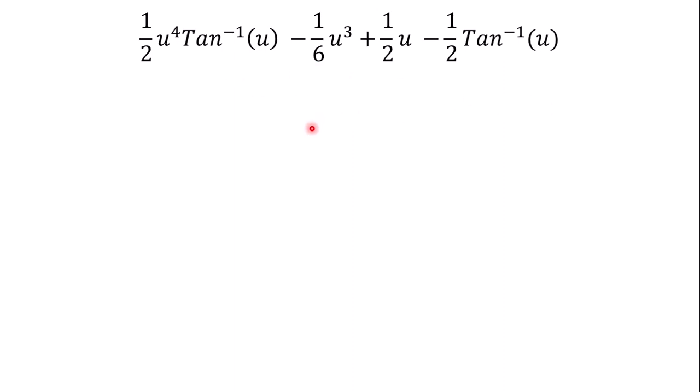But we have to go back to the x world, and going back, we know what is going to replace what? U. We know that u is equal to square root of what? X. So wherever you see u after the integration, you just put what? Square root of what? X there. So let's put square root of x there.